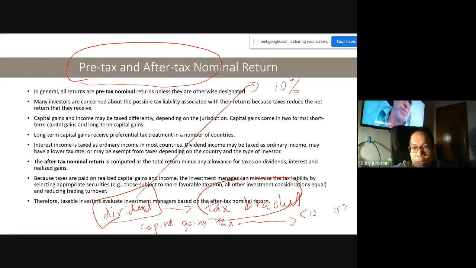But if you hold the stock more than 12 months, when you sell it and get capital gains, then the capital gains tax is quite low. I think it's about 10% or a little bit lower than 10.